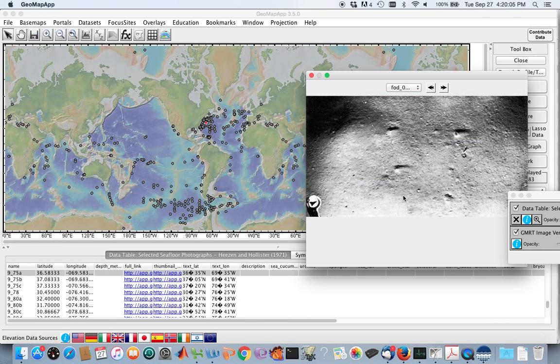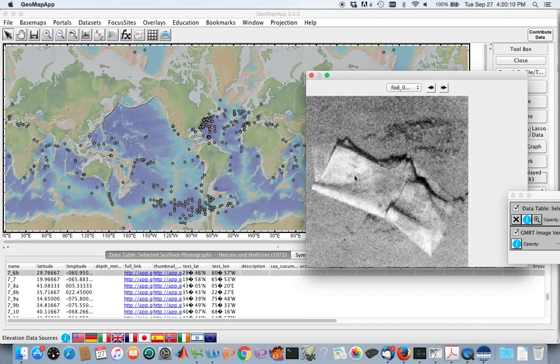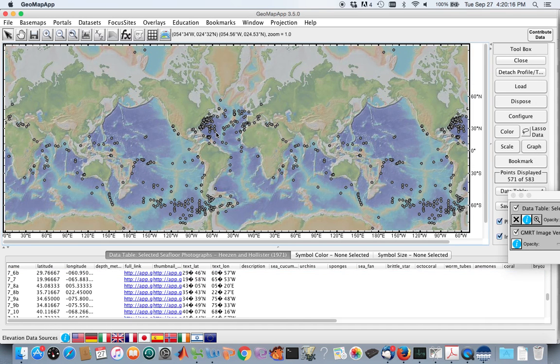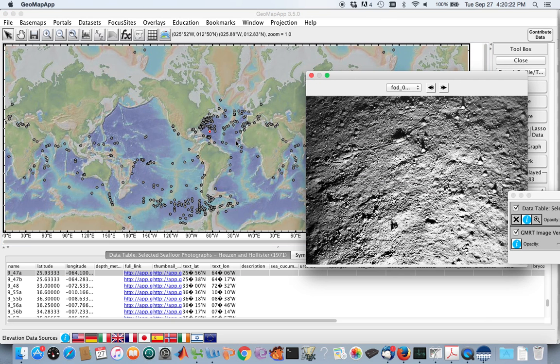A little further away, it gets finer as we get further from the coastline. Oh, that's trash all the way out there in the ocean. There's some more very fine sediment.